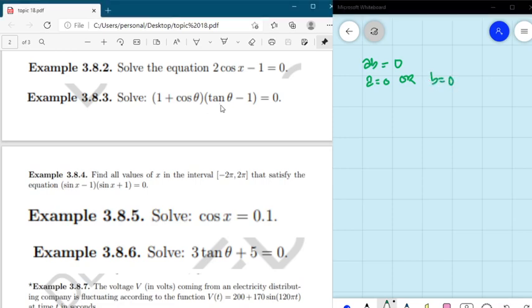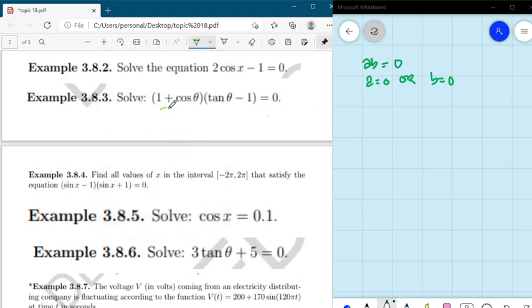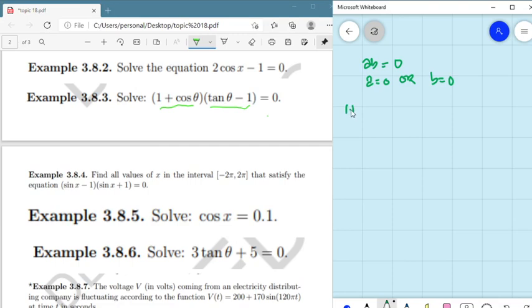So since the two quantities multiplied are equal to 0, either this one is equal to 0 or this one is equal to 0. That is 1 plus cosine theta equals 0, so cosine theta is equal to negative 1. And or tangent theta minus 1 is equal to 0, so tangent theta is equal to 1.